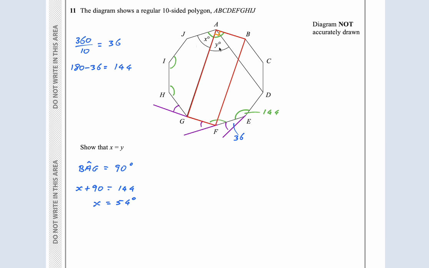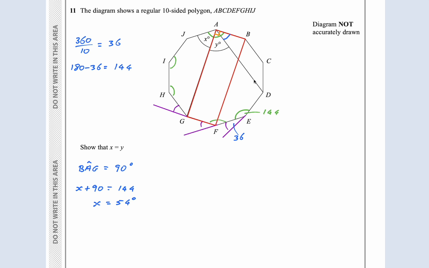I need to show that y is also 54, because we have to show that it's the same. So how am I going to do that? Well, what I'm actually interested in, guys, is this other angle here, this one. Because if I get this, I can find y the same way I found x, just, well, slightly different. I can just take it from 90 and I get y.